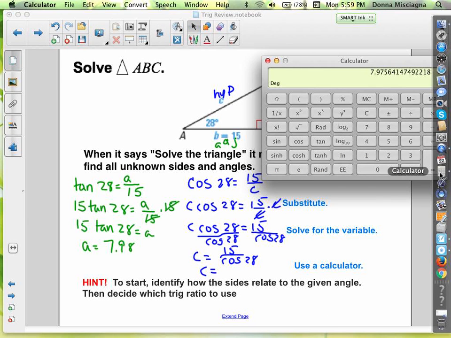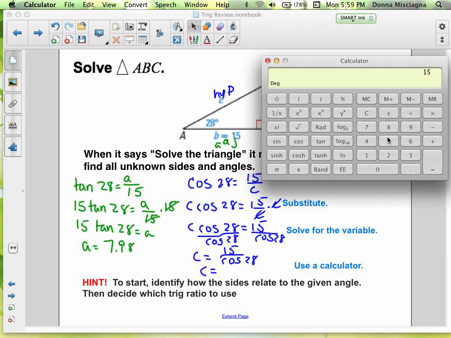So I have 15 divided by parentheses, 28 cosine, close parentheses, because this is the backwards calculator, and that equals 16.99, rounded up.